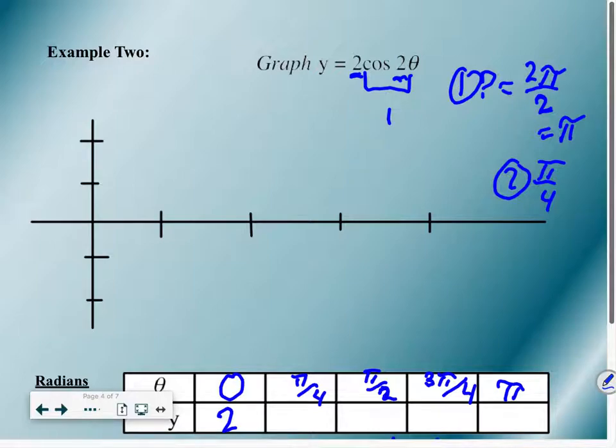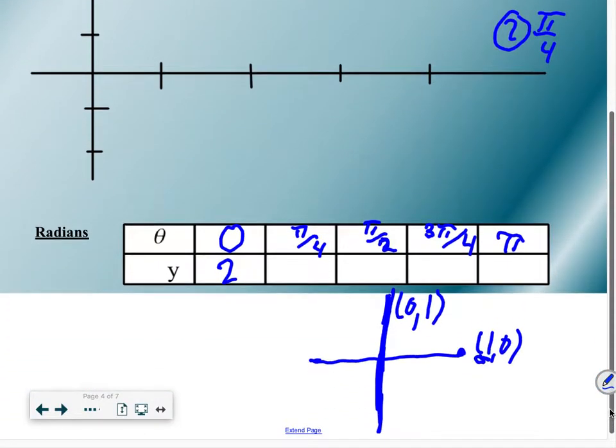When you have pi over 4, there's probably something next to your theta. It's important to look at that. Because if you get to, let's say, pi over 2, and you don't take it times 2, there's a difference between your cosine of pi over 2, which is 0, and your cosine here, which is negative 1.